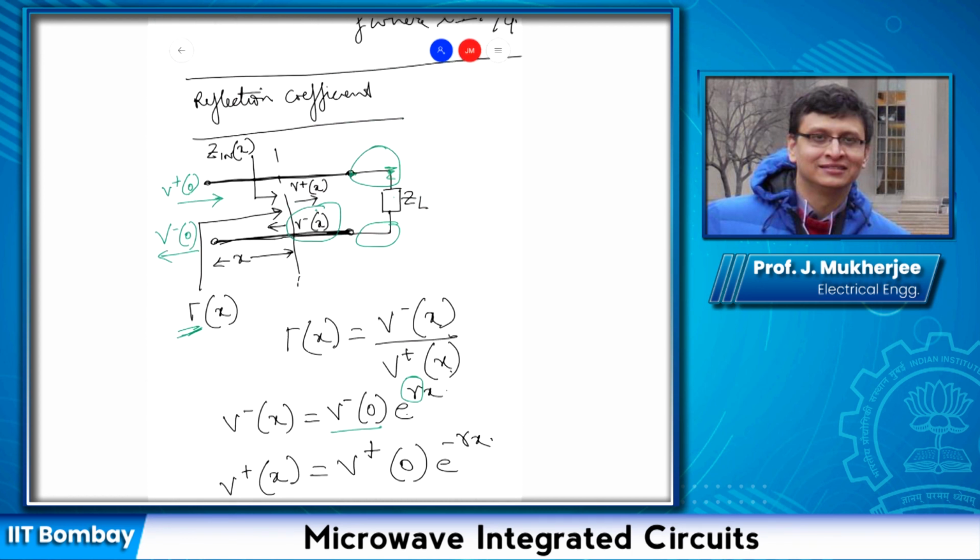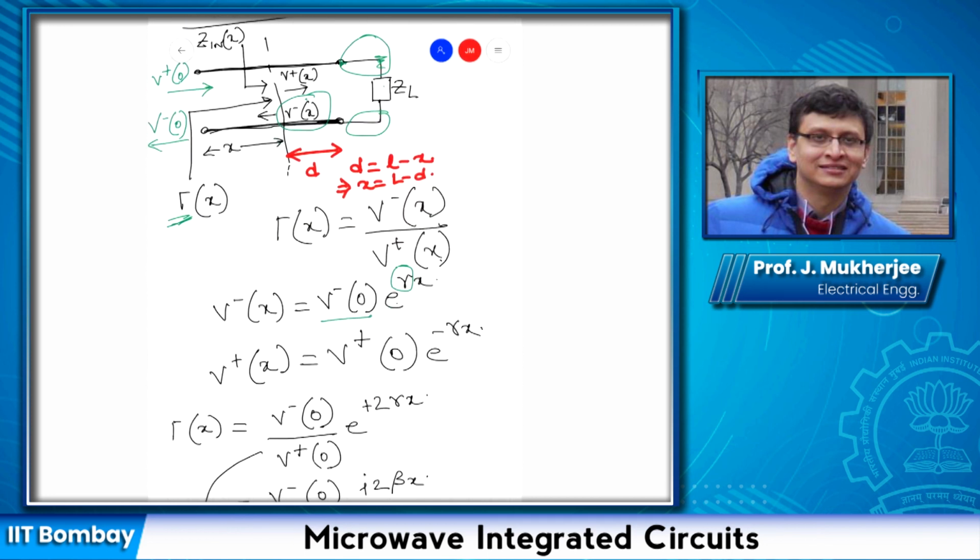Now suppose I once again bring back d, which is the distance of this point from the load end, and we have d is equal to L minus x. Conversely, x is equal to L minus d.